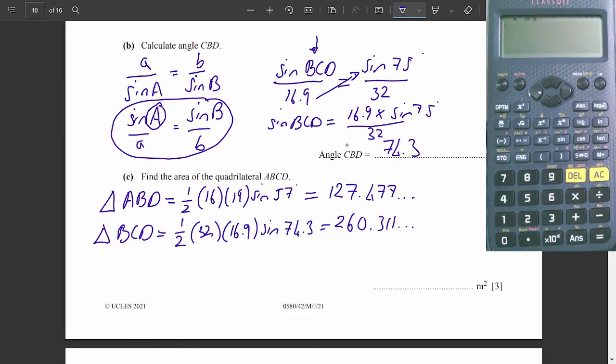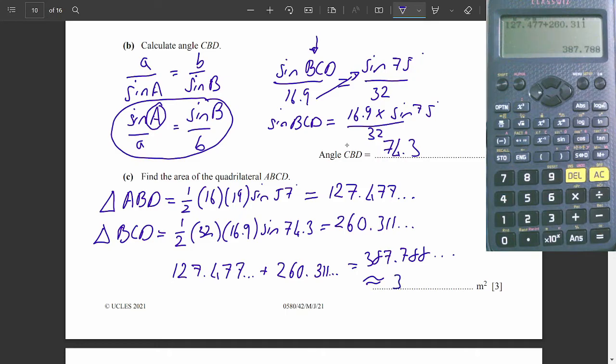Right, the next step would just be to add these two answers we had before together. Okay, 127.477 plus 260.311. That gives us 387.788. Rounded to three significant figures, 388. And we've got it.